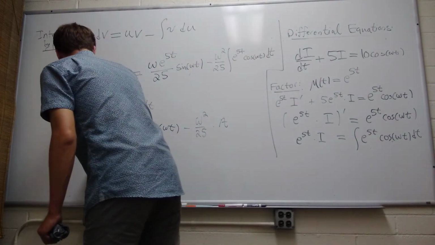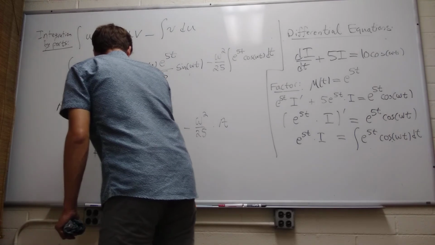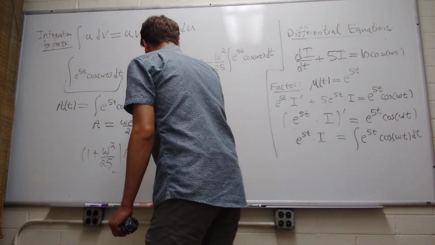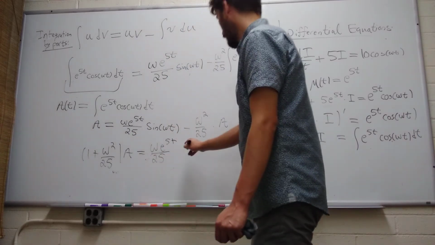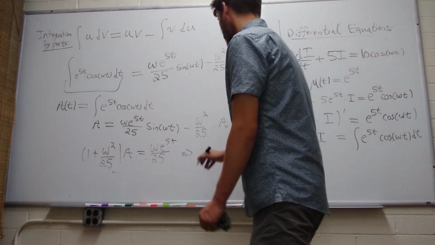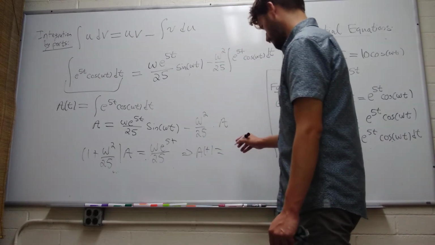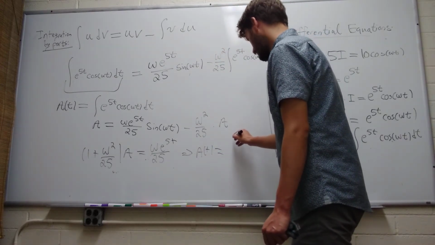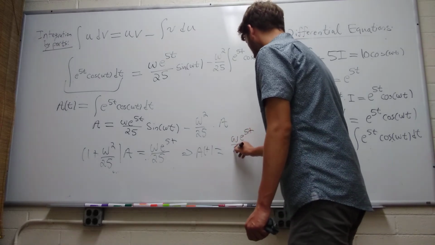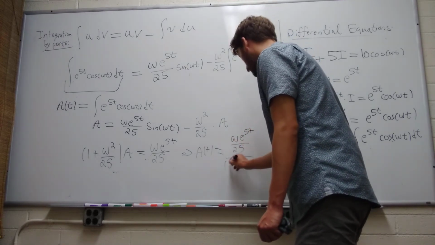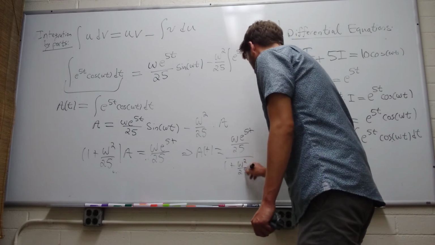We get 1 plus omega squared over 25 times A equals omega e to the 5t over 25 sine omega t. Where A is a function, so that means A of t is omega e to the 5t over 25 all over 1 plus omega squared over 25.